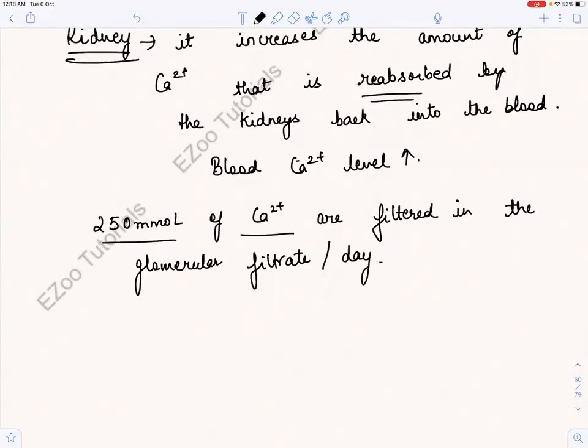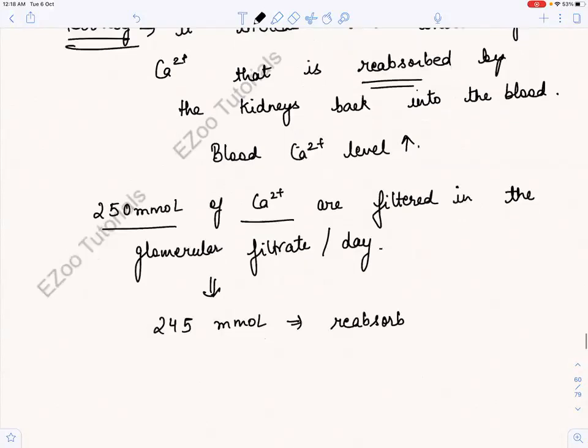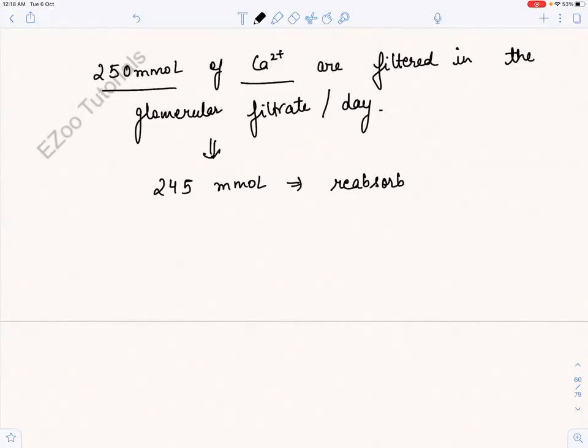Now, out of 250, 245 millimoles get reabsorbed. And this reabsorption generally takes place in the PCT, the proximal convoluted tubule. Around 60 to 70% of this reabsorption takes place in the proximal convoluted tubule, and additionally it also takes place in the loop of Henle, right?